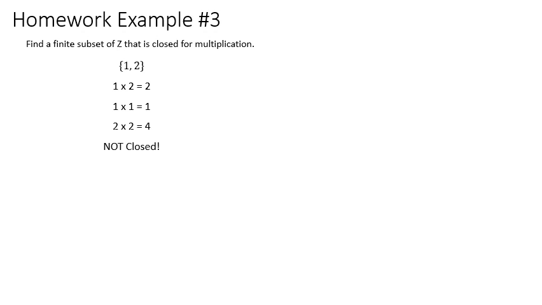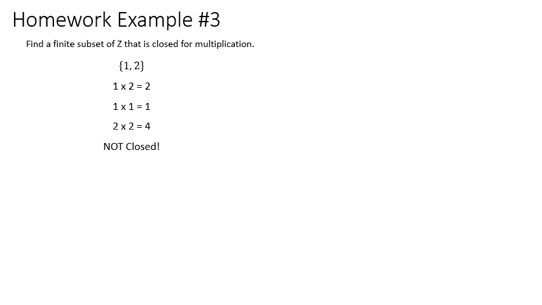Now, your task is to find a subset that is closed. I'm going to give you a few hints. One is it's going to be a small subset. Two, that subset could be just one number, and that would work. So think about that.